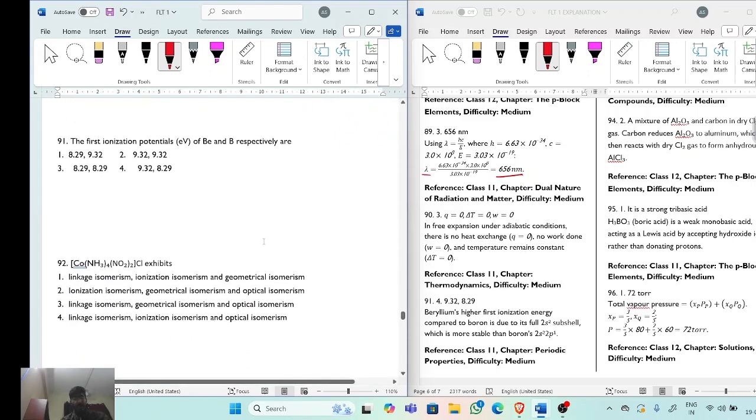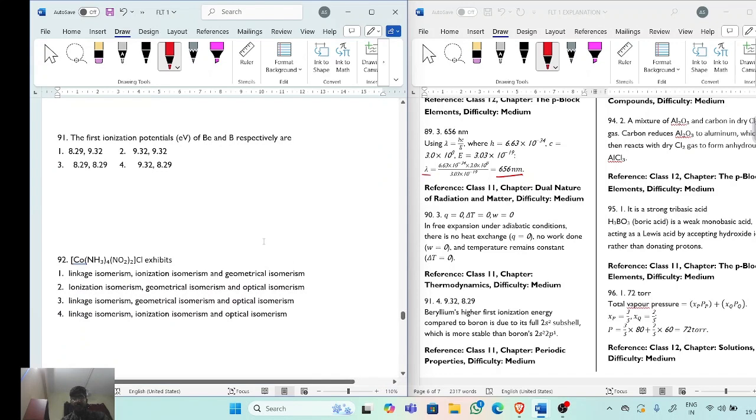Now question number 91. The first ionization potential of beryllium and boron are respectively. We know while going from left to right, the ionization potential or ionization energy increases, but beryllium has the fully filled orbital. That's why it has a higher ionization potential than boron.